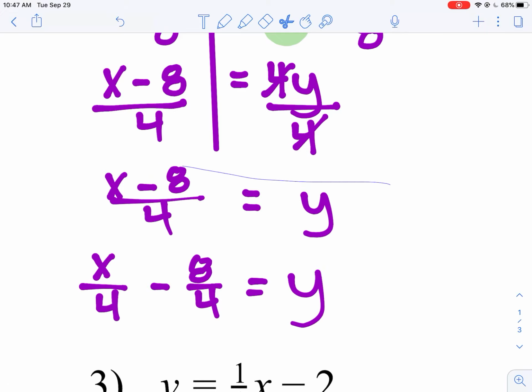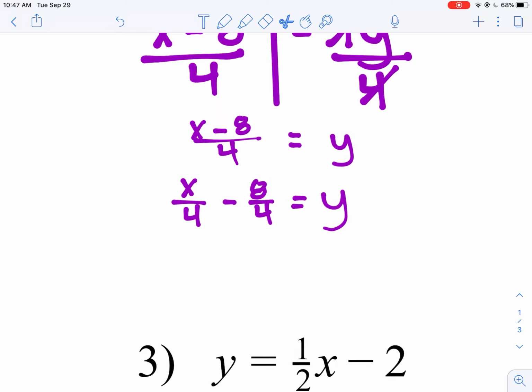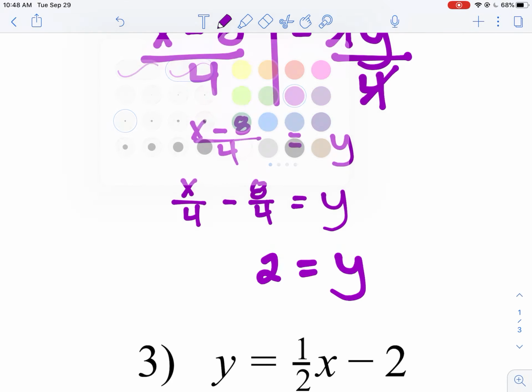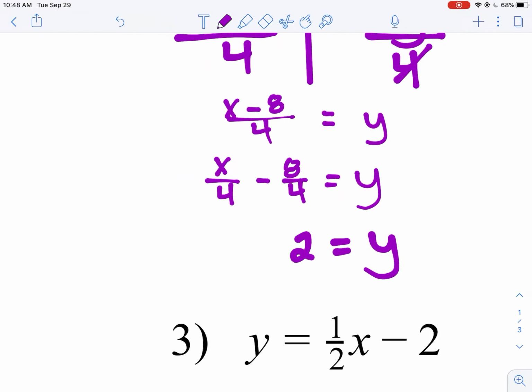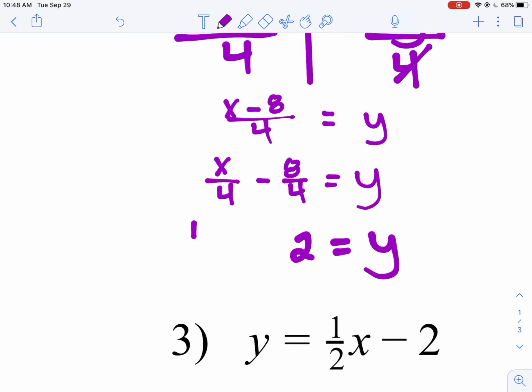I haven't changed anything. I'm still dividing everything by 4. All I did was do it to each term now. I can simplify 8 over 4. I get 2. And I get y here. And maybe I want to even change this a little bit. If I have x over 4, that is the same thing as doing 1/4 x.